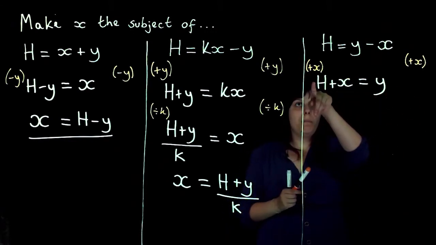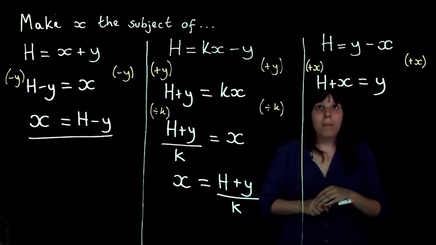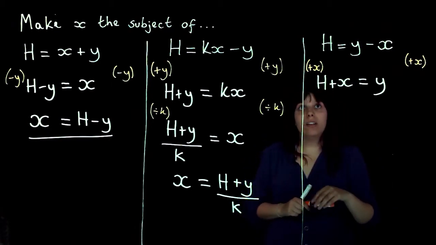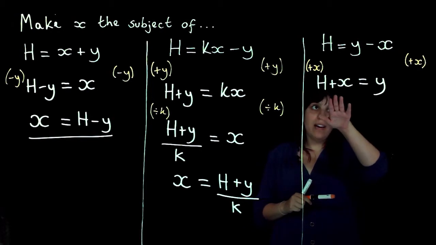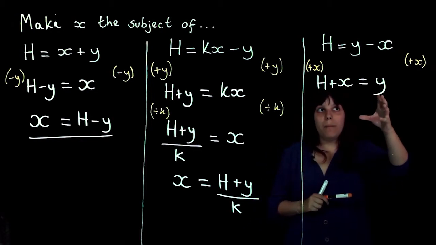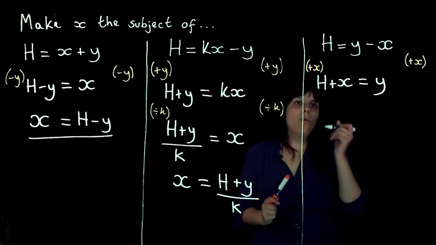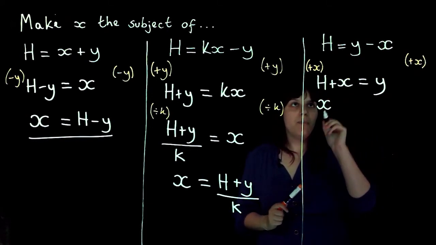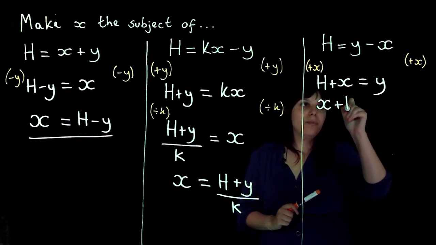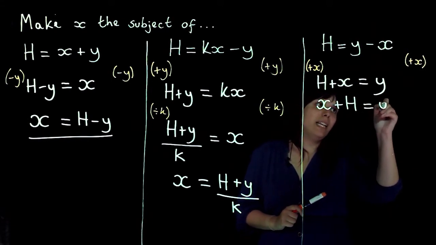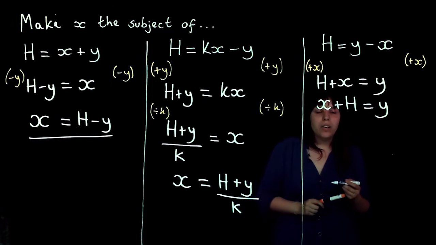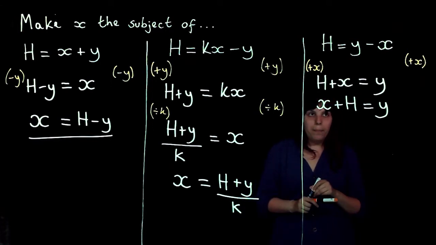We know in front of this h we've got a plus because there isn't a negative sign. So this is a positive h and a positive x, and we get y. So what I want to do is just change the order of this, because we like to have our x first. So positive x plus h, because it just makes it slightly easier to see. So we've got x plus h equals y.